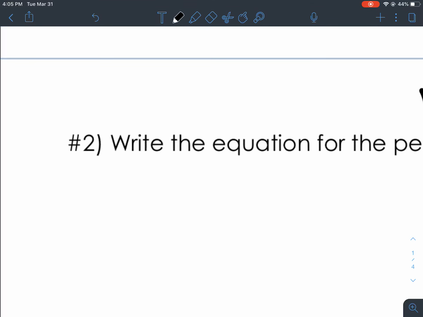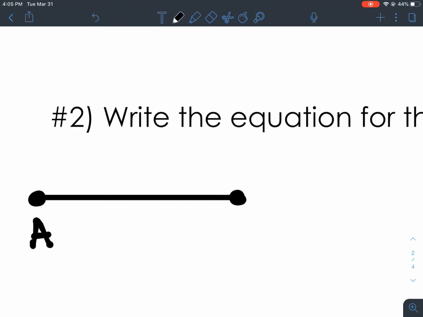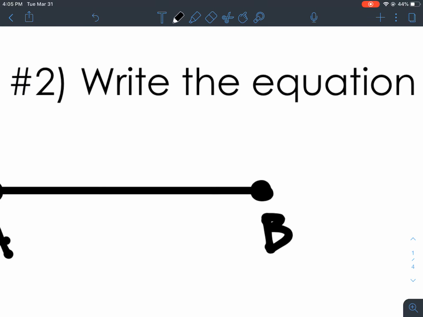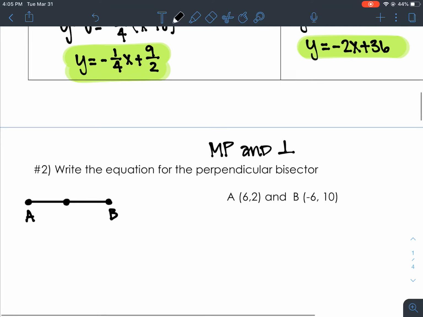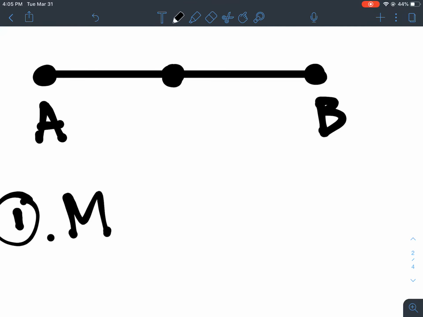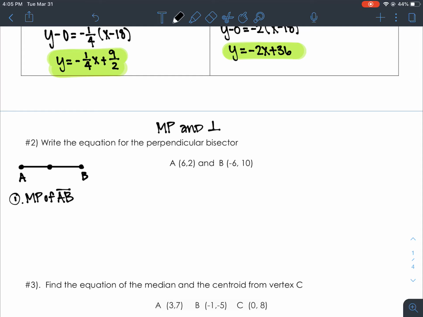I know it's not going to be an exact representation of this, but I'm just going to sketch segment AB. If I ask you to draw the perpendicular bisector of AB, the first thing you'd have to do is eyeball the midpoint. So our first step is to find the midpoint of AB using our midpoint formula.